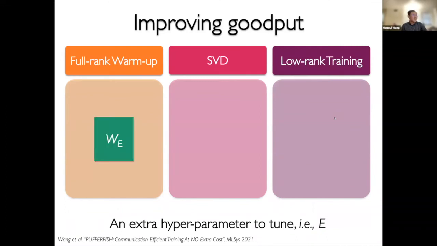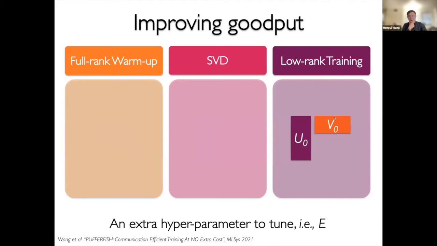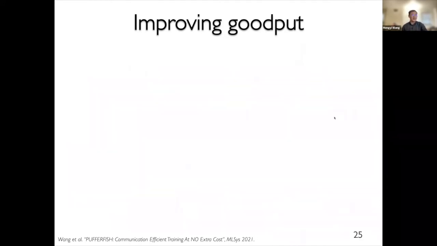So we can start by warming up the original network a little bit, and gradually make them become low rank. We warm them up for a few epochs, factorize them, and then start to train the low rank network. It turns out those 2 simple heuristics fix the goodput very well.